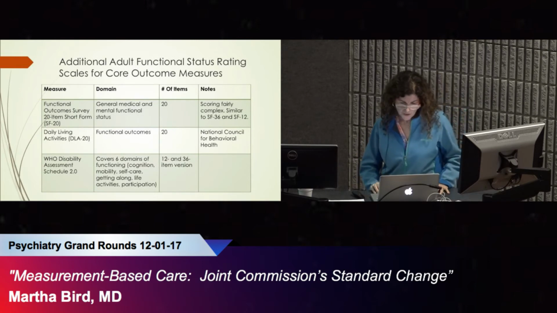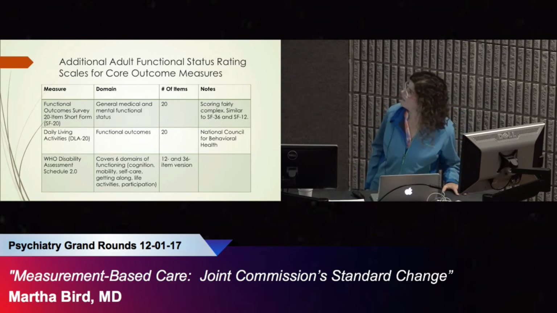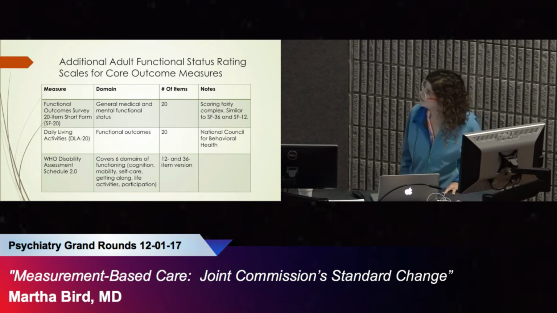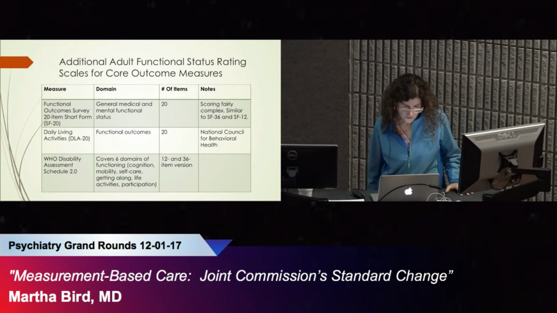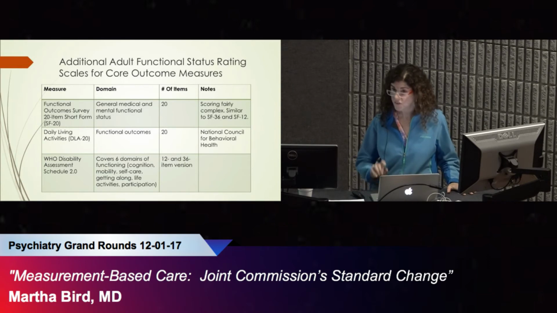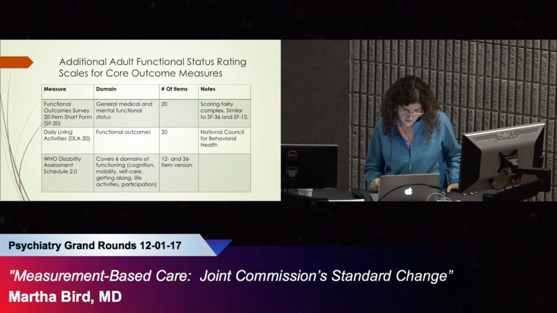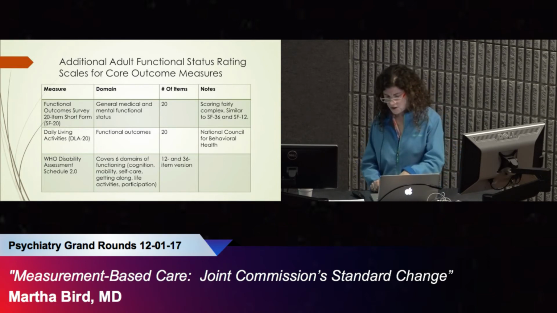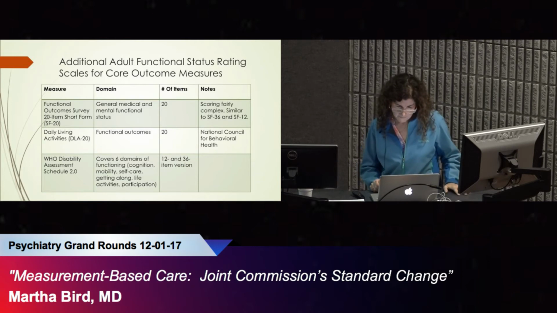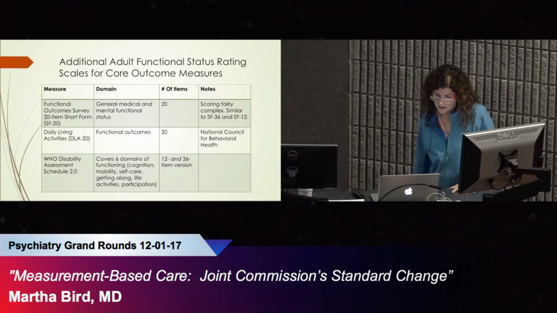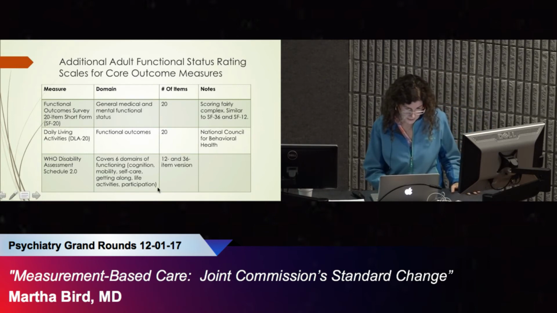There are additional adult functional status rating scales for core outcome measures, and those include the Functional Outcome Survey. It's used for general medical and mental function status, and it has fairly complex scoring, and it's similar to two assessments, the SF-36 and SF-12, that may not be public domain.